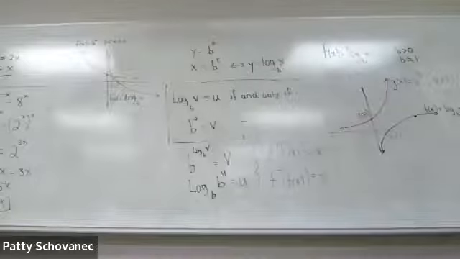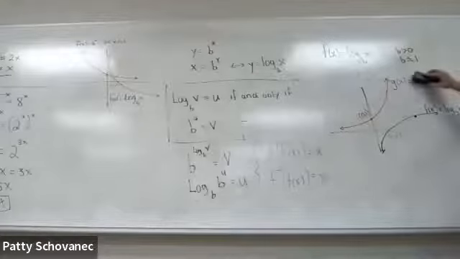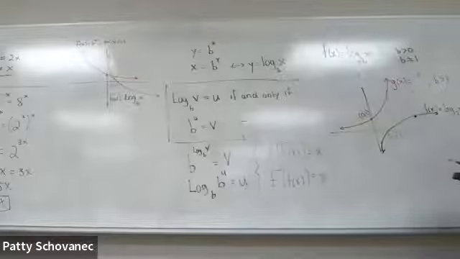So let me sketch the graph of the log base 2 of x and the log base 1/2 of x. Okay, so all I've got to do, if I want the graph of the log base 2 of x, is look at the graph of 2 to the x, and then I have it, right?